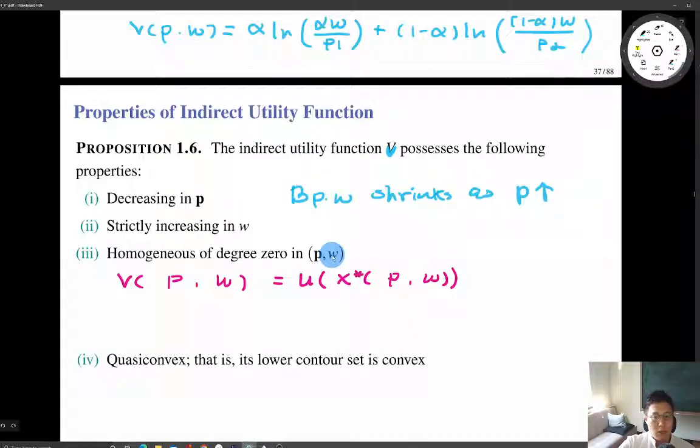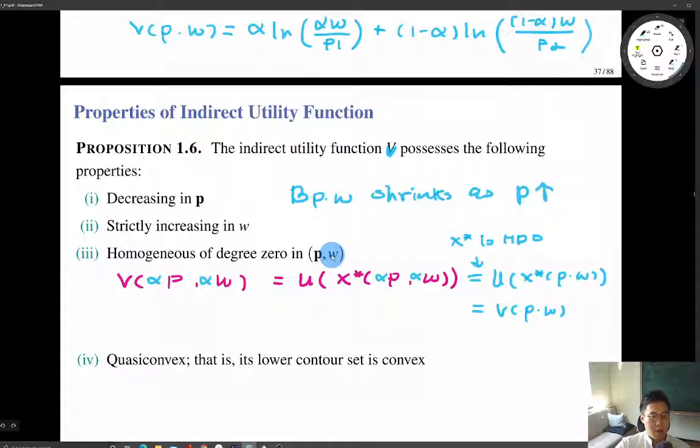Then we multiply alpha to P and W, and this becomes u of x star of alpha P and alpha W. Because x star is homogeneous of degree 0, it is the same as u of x star of P and W. That brings us back to the original indirect utility function.